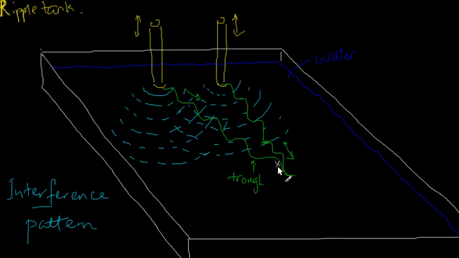And you can imagine that after a short time, the next peak would have arrived here, that one and that one would have arrived at this point, and then that will give a big upward displacement again. So the effect of these two waves meeting at this point would be this point going up and down at twice the displacement of the separate peaks. So that's what we would expect.